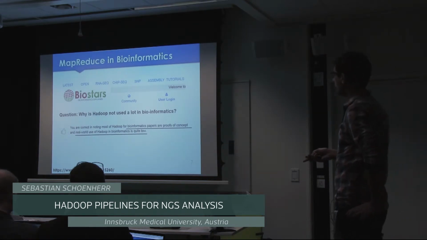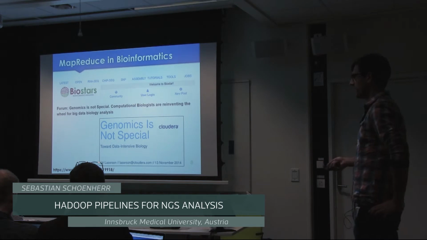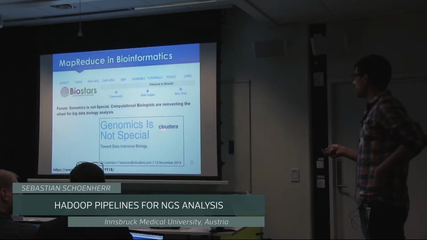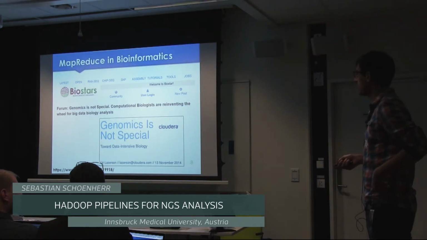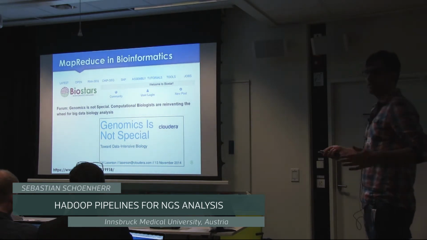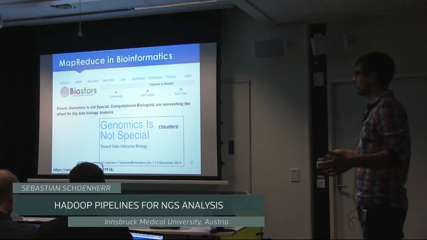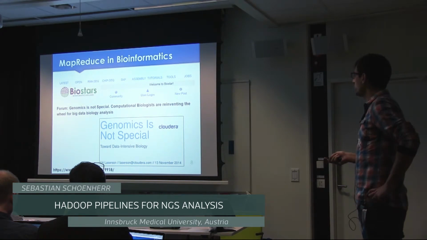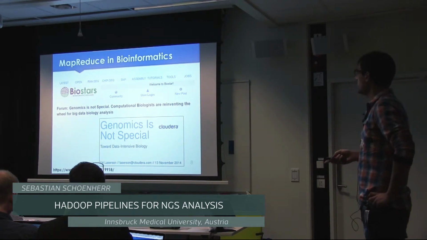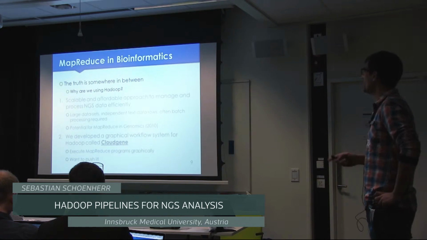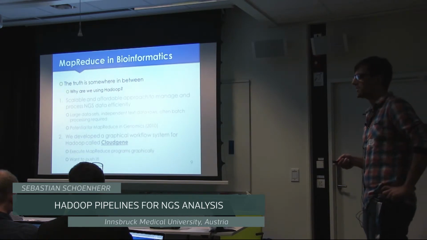The other side is the Hadoop world. It's from a talk from a guy from Cloudera, and he says genomics isn't special. You can reuse the whole Hadoop stack, and you don't have to reinvent the wheel for computational biology. And of course, the truth is somewhere in between.